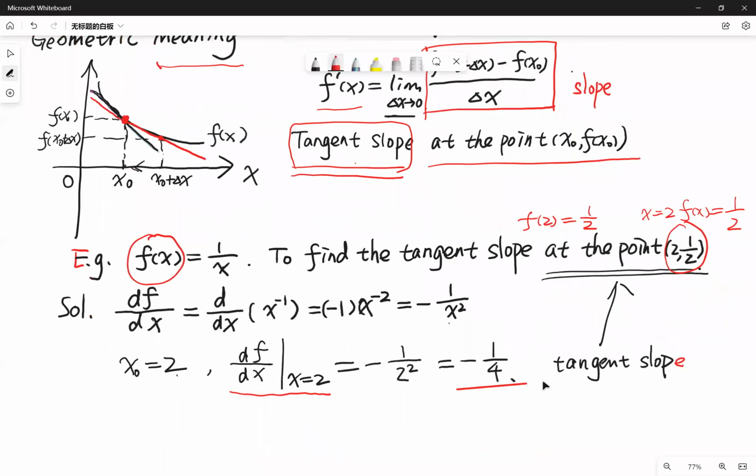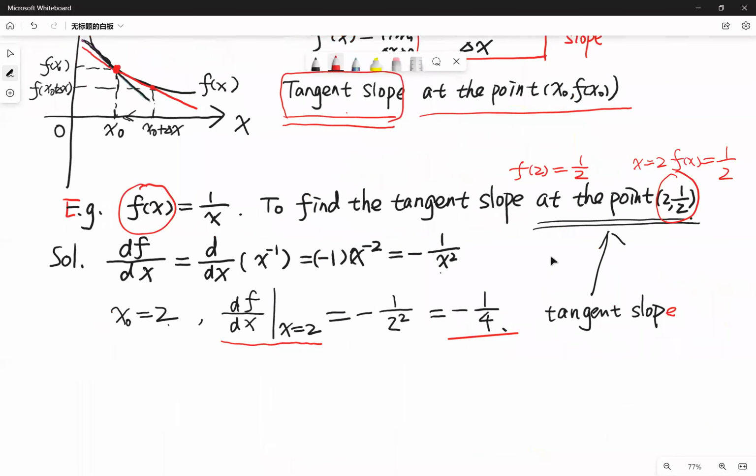And also we can get the equation for this tangent line.